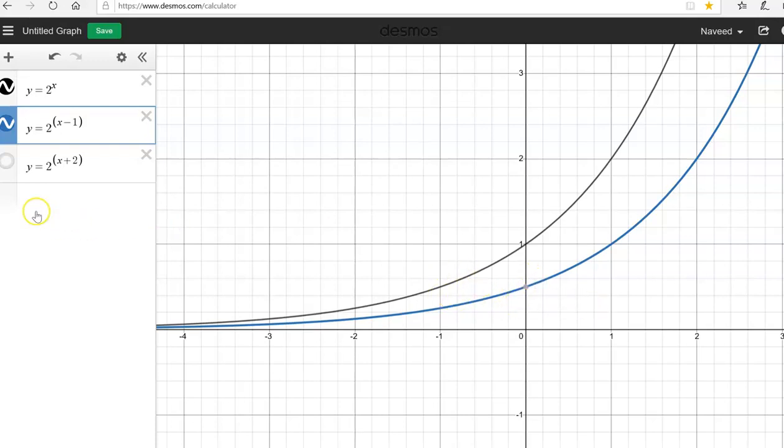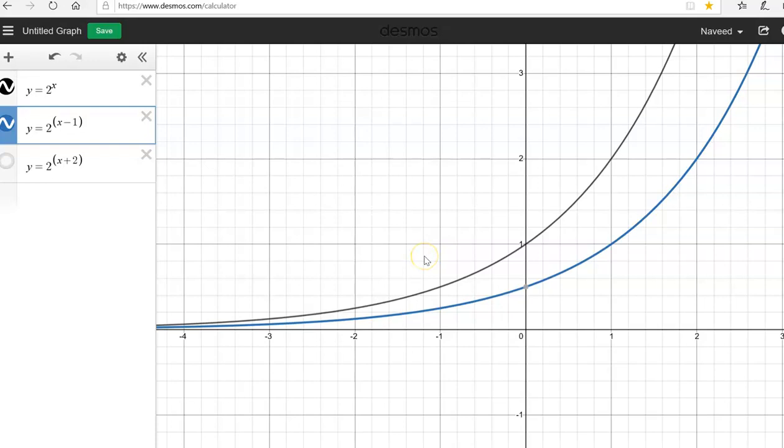Now, what happens when we do the plus 2? According to the transformation that we know of, the positive 2 is actually negative 2, which is embedded. That means the exponential 2 to the x graph, the black graph, will be moving to the left of the x-axis by 2 units.